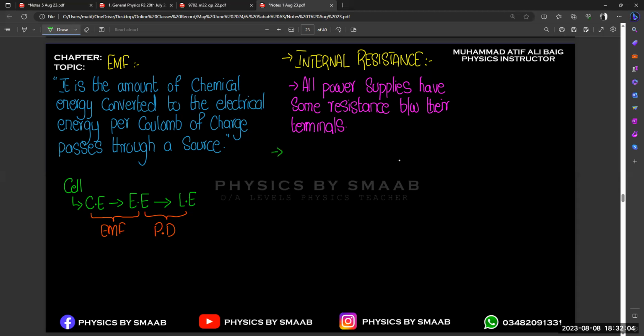So this internal resistance actually causes loss of voltage, power, or energy.